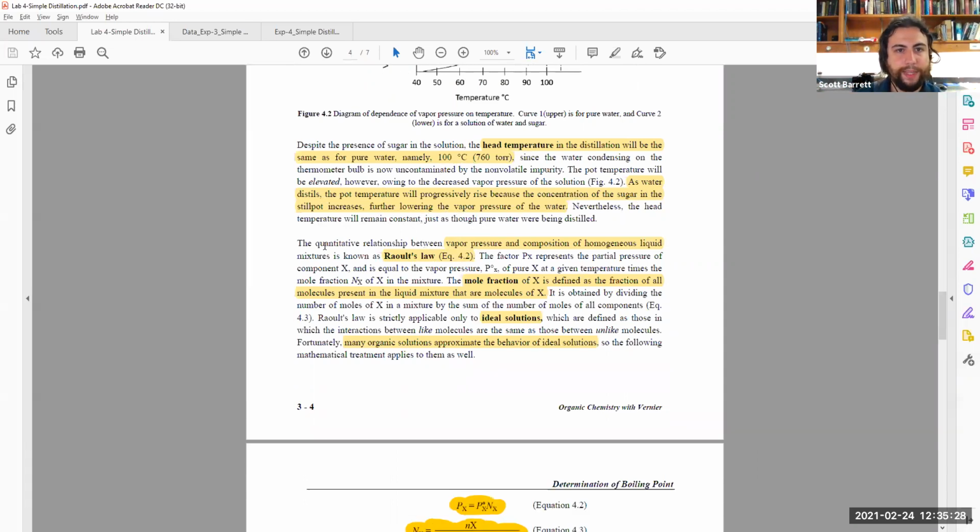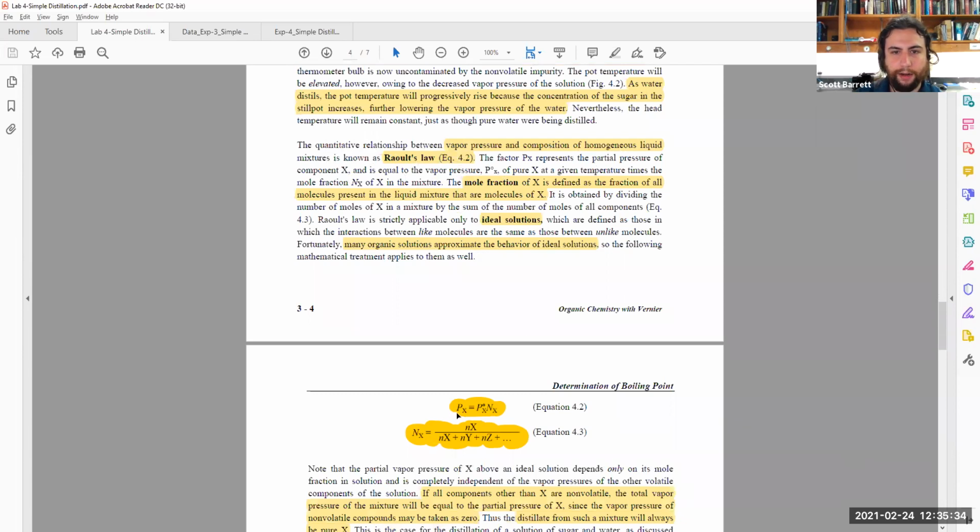The quantitative relationship between vapor pressure and composition of homogeneous liquid is known as Raoult's law down here, which here again is the pressure of the total solution, which is equal to the vapor pressure, Px. I should highlight that here real quick for everyone.